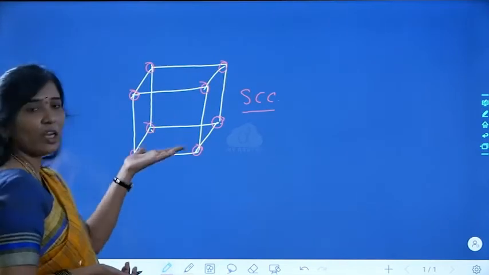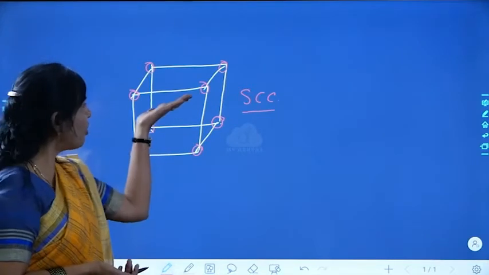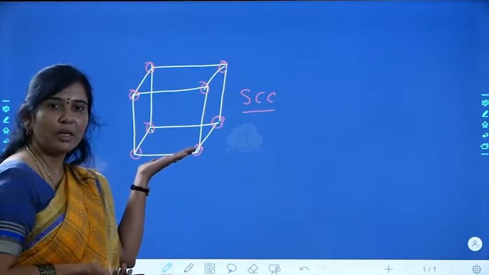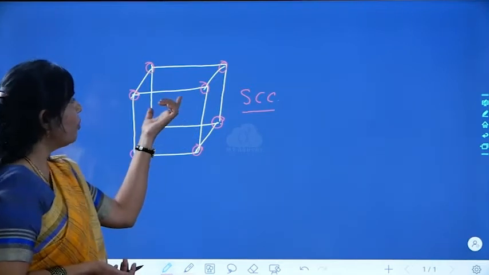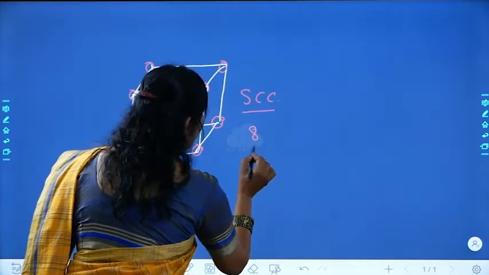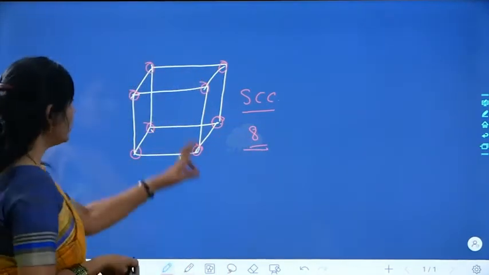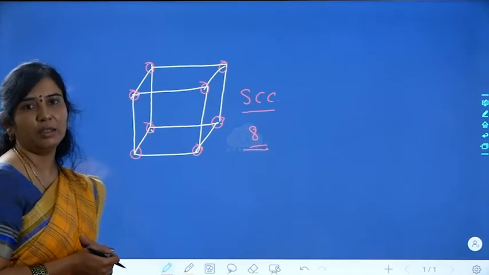So here, how many corners are there? 8 corners. So how many constituent particles are there? 8 constituent particles. So in the case of primitive unit cell, the lattice point count is how much? 8.